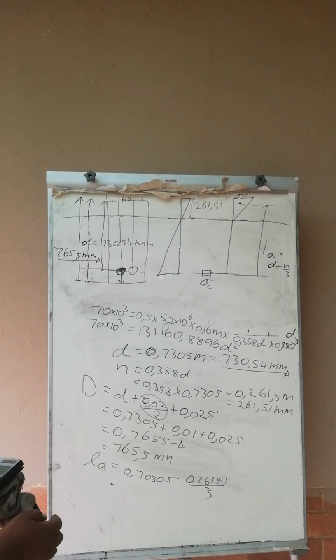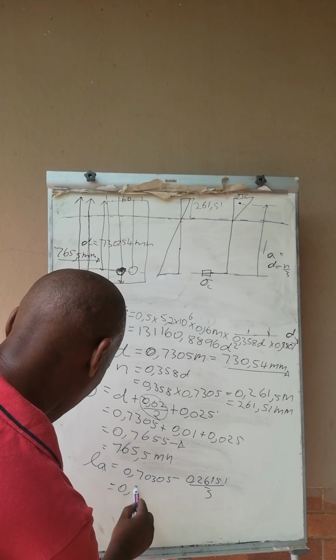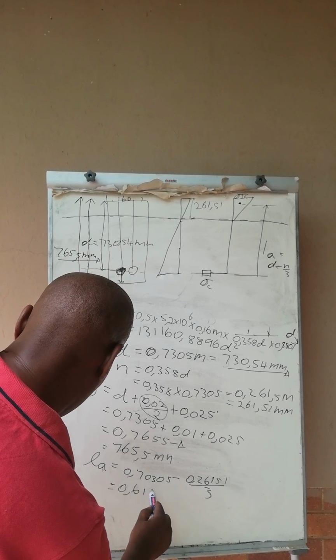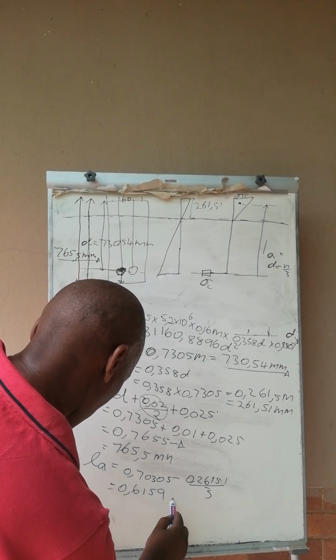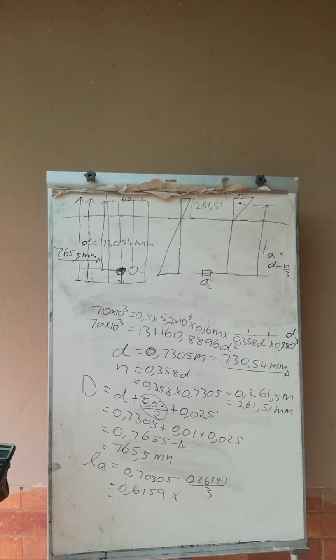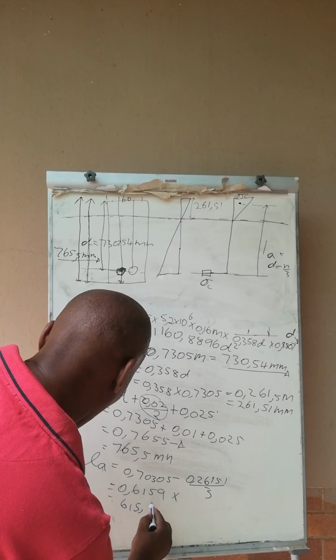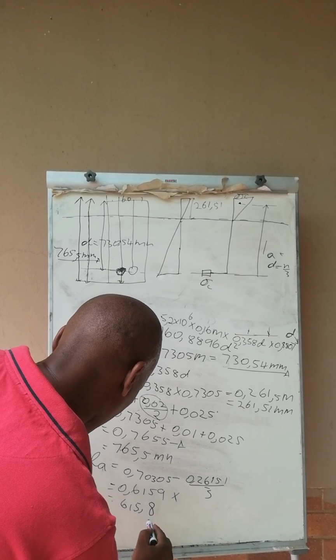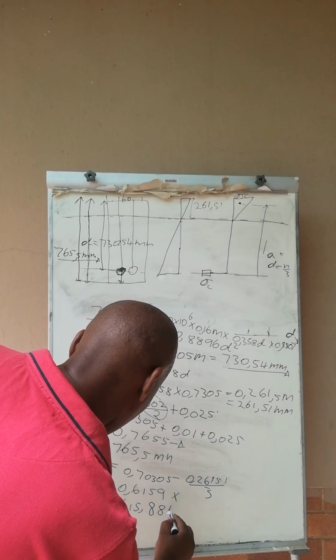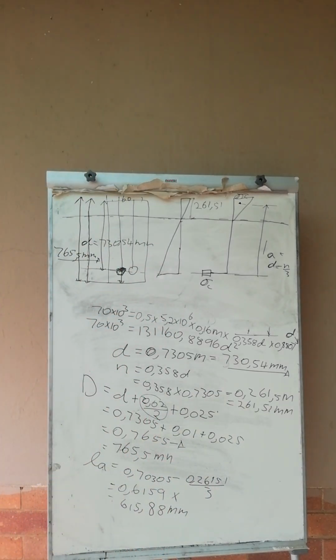The answer is 0.6159. Multiply by 1,000 and it is 615.88 millimeters. Yeah, basically that's the case.